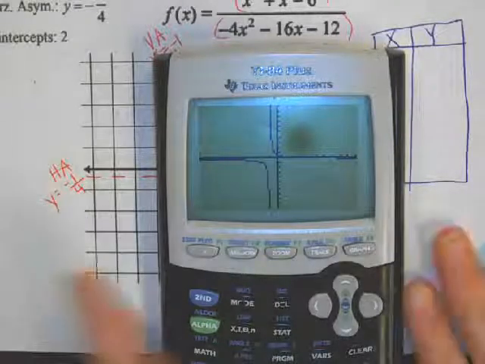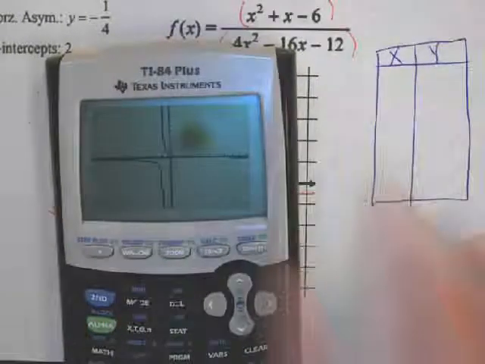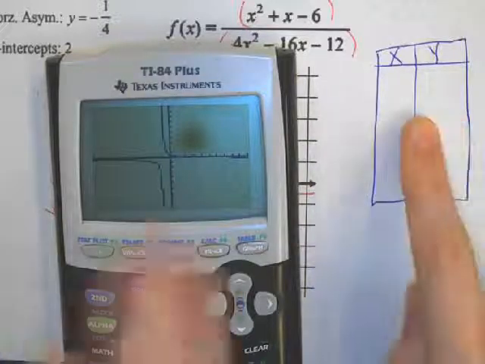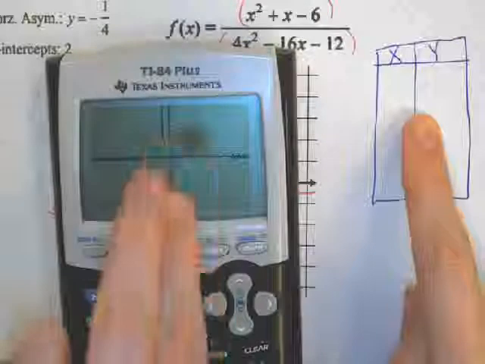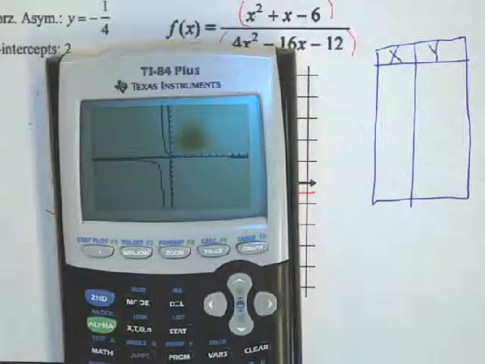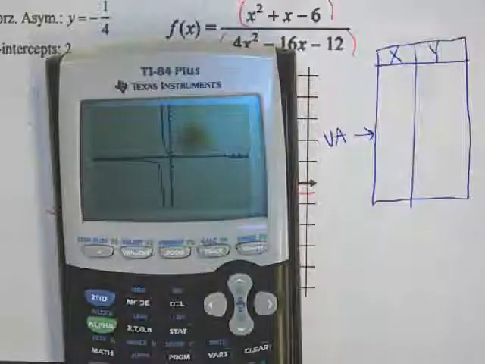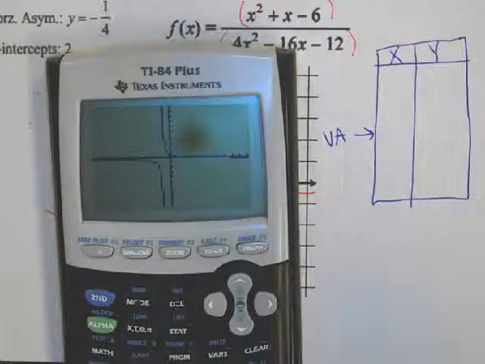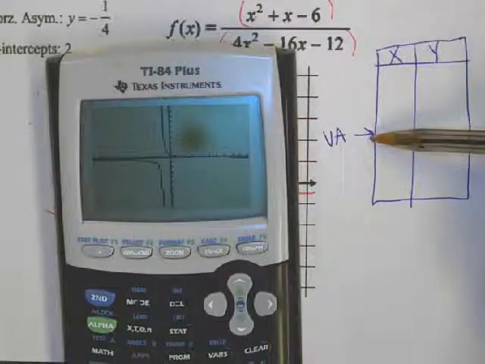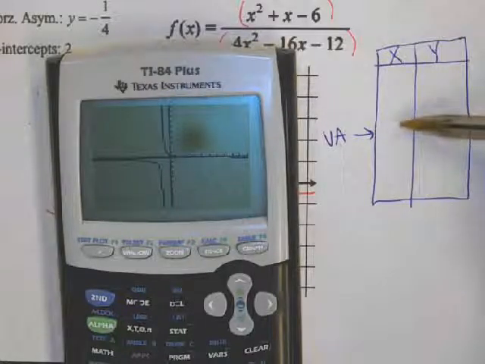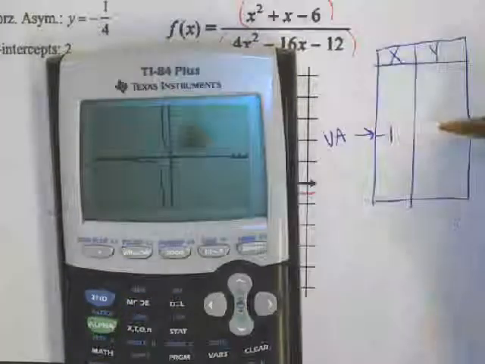So in my table, we know that in the middle of the table, what's going to separate the sections? Say it again. Your vertical asymptote. So right here in the middle of the table, I'm going to place my vertical asymptote there. So I know that I'm going to graph both sections. Where did that vertical asymptote occur? What x value? And then what's the y value going to say if it's an asymptote?